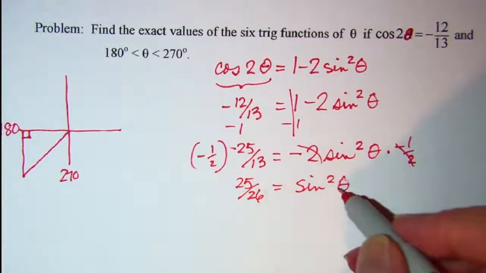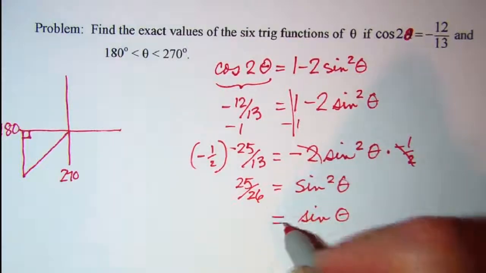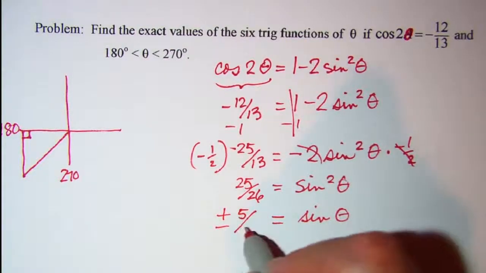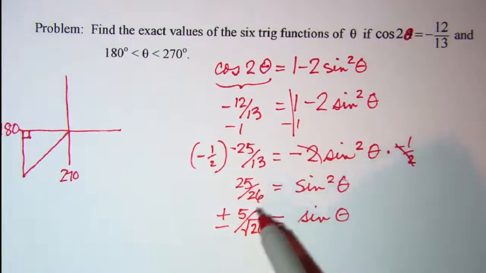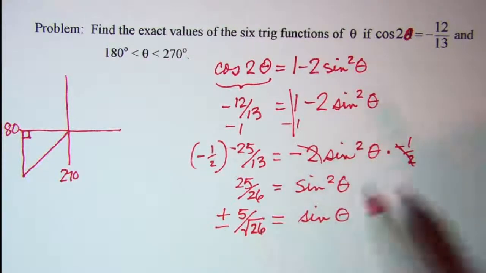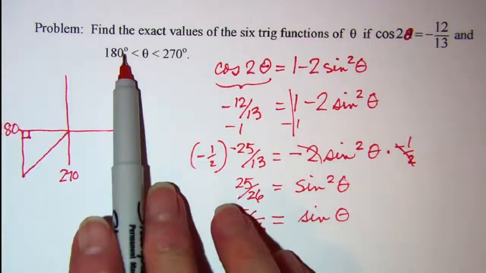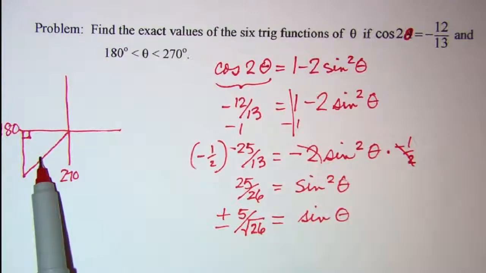So square rooting both sides gives me sine theta is equal to plus or minus 5 over root 26, because the square root of 25 is 5, and I can't square root 26, so I'll just write it with the radical. Now, we knew from this bit of information that theta is in the third quadrant.